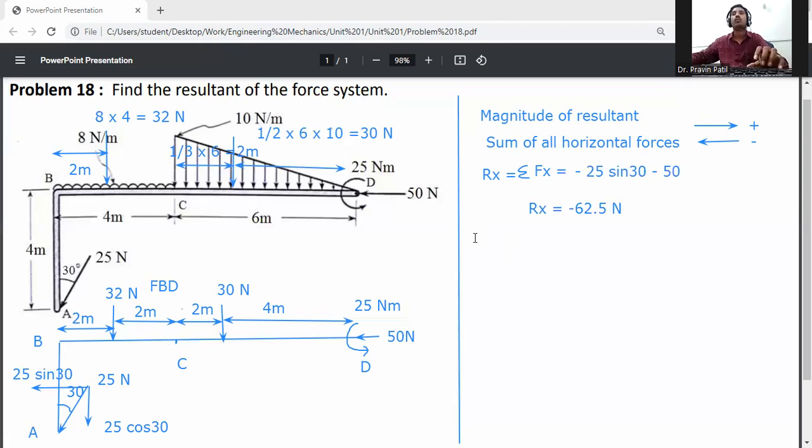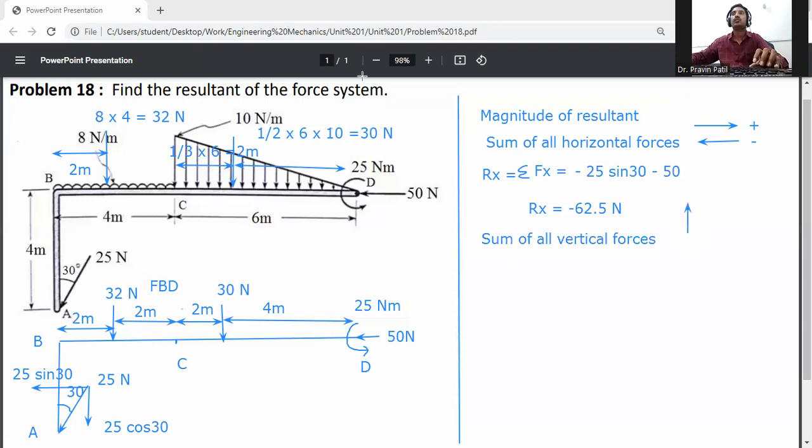Now the sum of all vertical forces. When the force is upward, it will be positive.